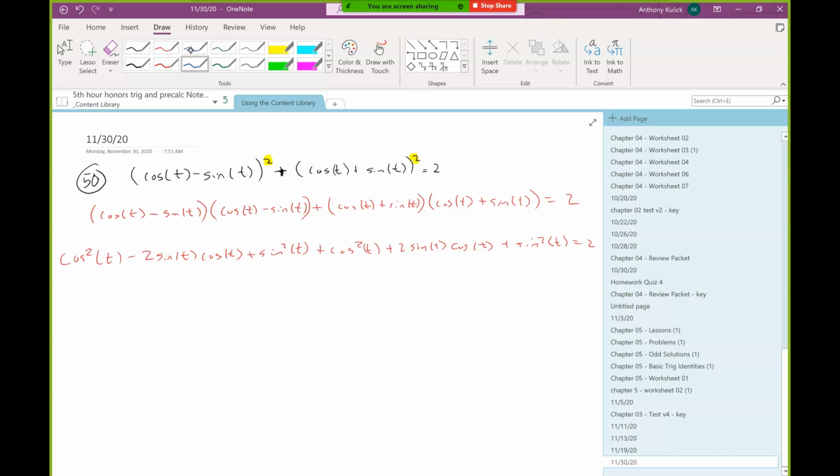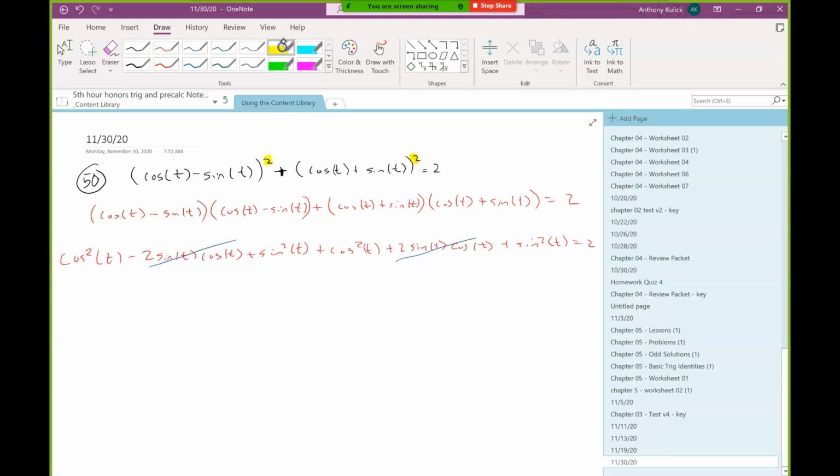At this point, I notice there are some nice like terms that I can combine. In particular, we have a negative 2 sine t cosine t and a positive 2 sine t cosine t, so those just add to cancel each other out.